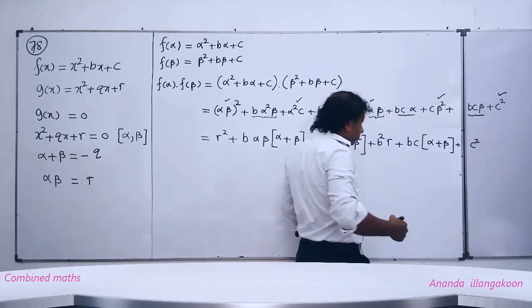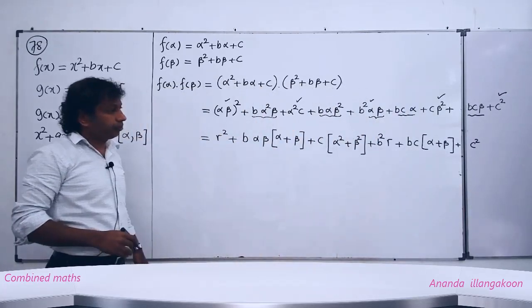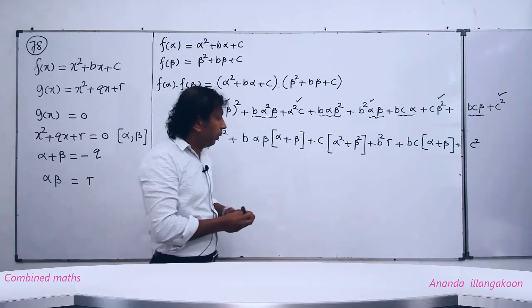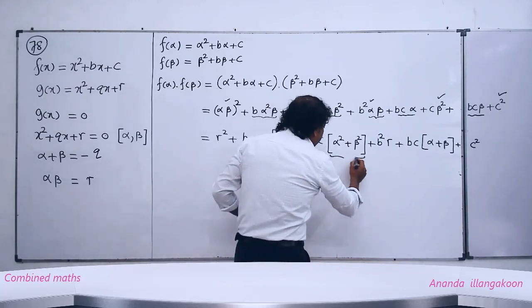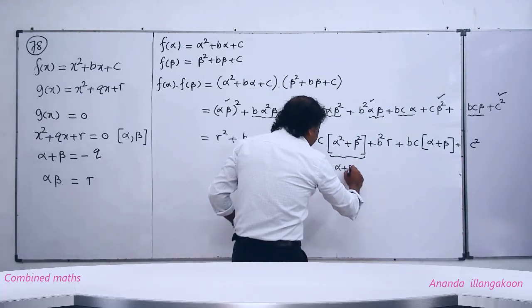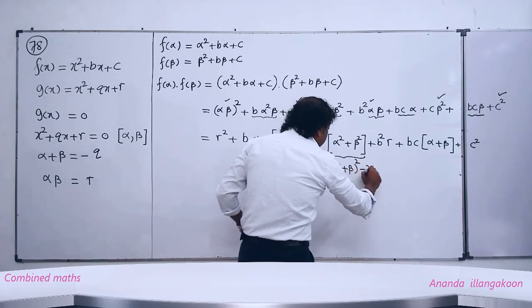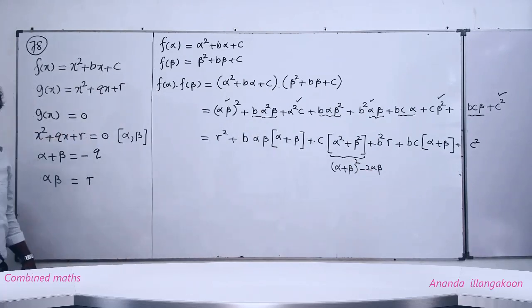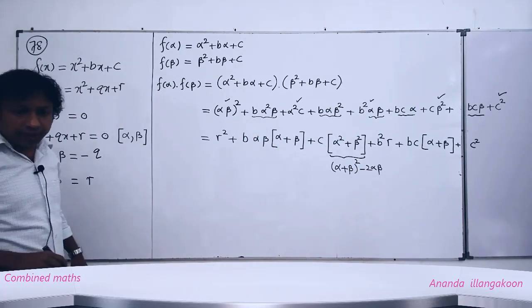Now you have to substitute for the product alpha beta and alpha plus beta. And alpha squared plus beta squared you can write as alpha plus beta whole squared minus 2 alpha beta. Then substitute for alpha plus beta and alpha beta again, and simplify to get the answer.